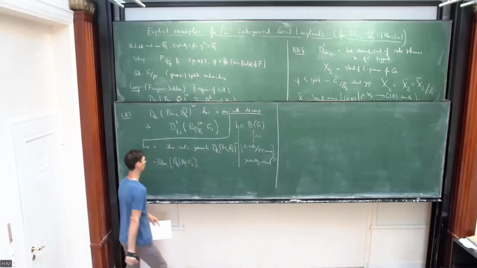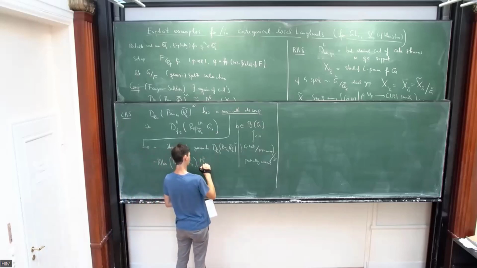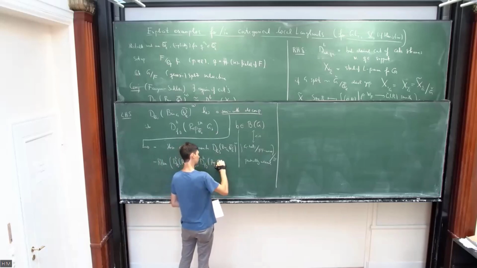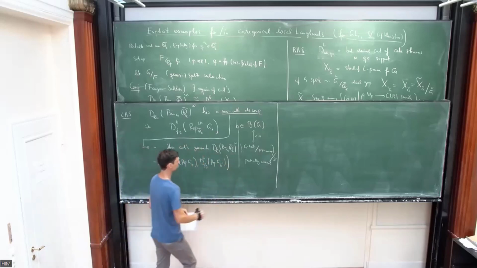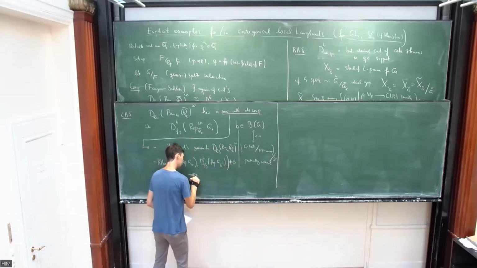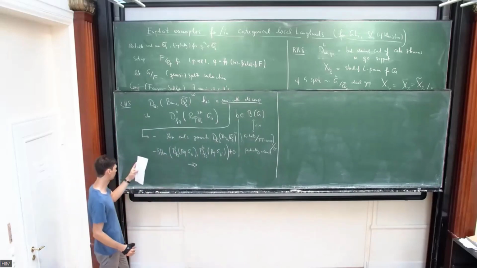If you are on a stratum for b, and on a stratum for b prime, then the Homs are zero unless, so if they are non-zero, then b and b prime are ordered in one direction.